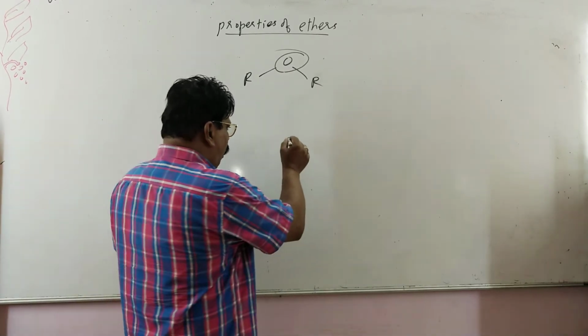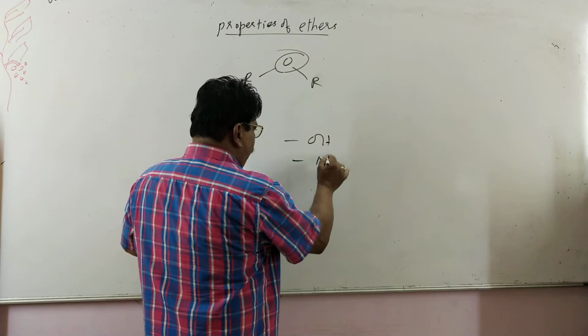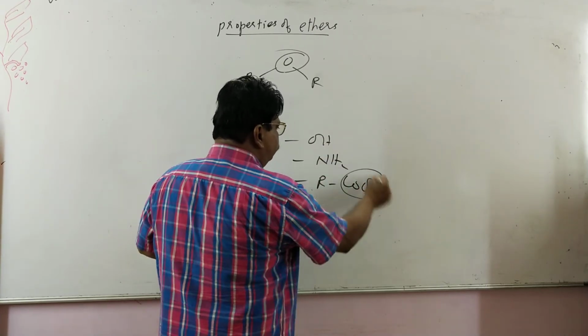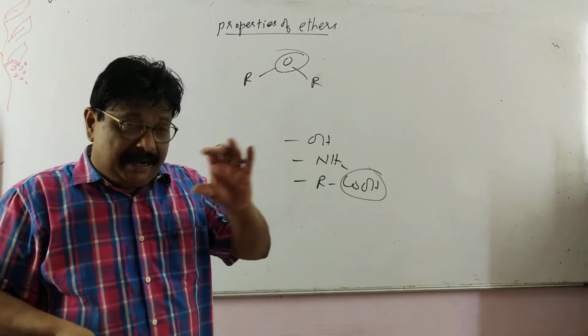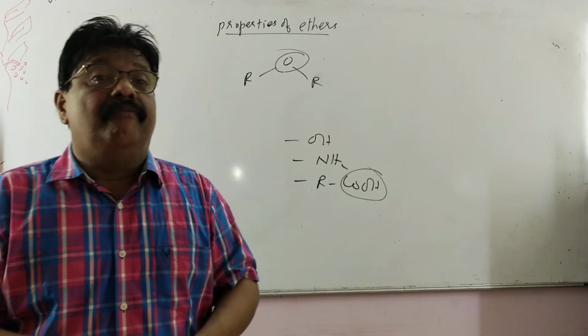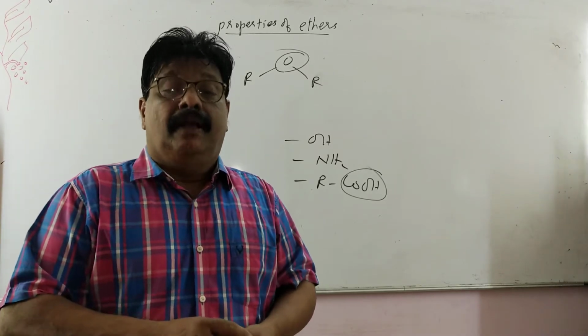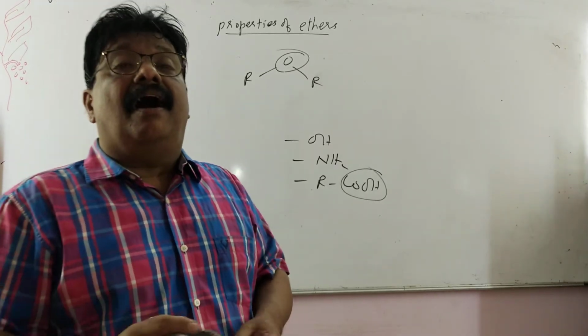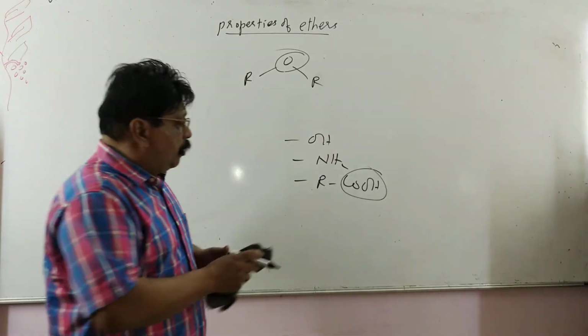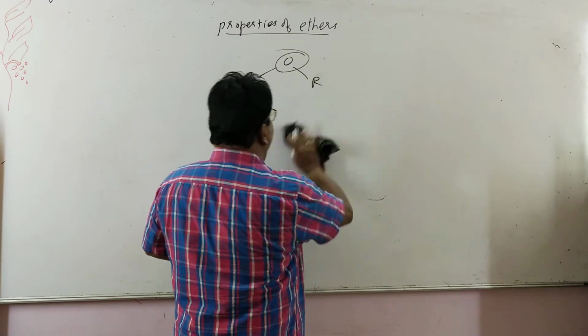If you take ROH, RNH2, RCOOH, these are terminating functional groups, so their reactivity will be very high. Ethers are less reactive because of the inertness of this oxygen.